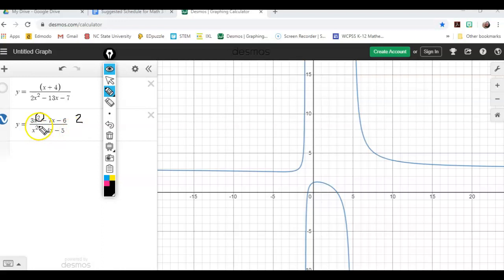And the bottom was a quadratic, and so it has a degree of 2. If you have a horizontal asymptote that is not at 0, it's at some other number, it's because it turned out to be one of these boring fractions. It's technically an improper fraction, but the top and the bottom are the same size.